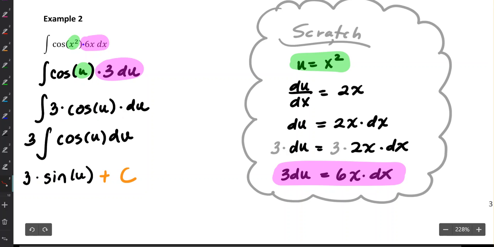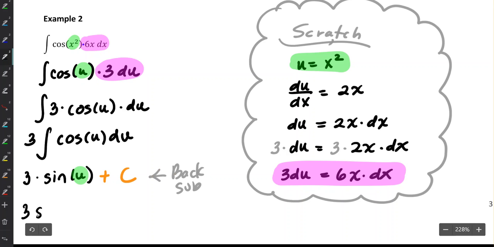Plus 0, which is 3 cosine u. But u is just a tool. You're going to want to go ahead and back substitute. We've got 3 times the sine of u, where u is x squared, then plus any constant of integration, and we are done.